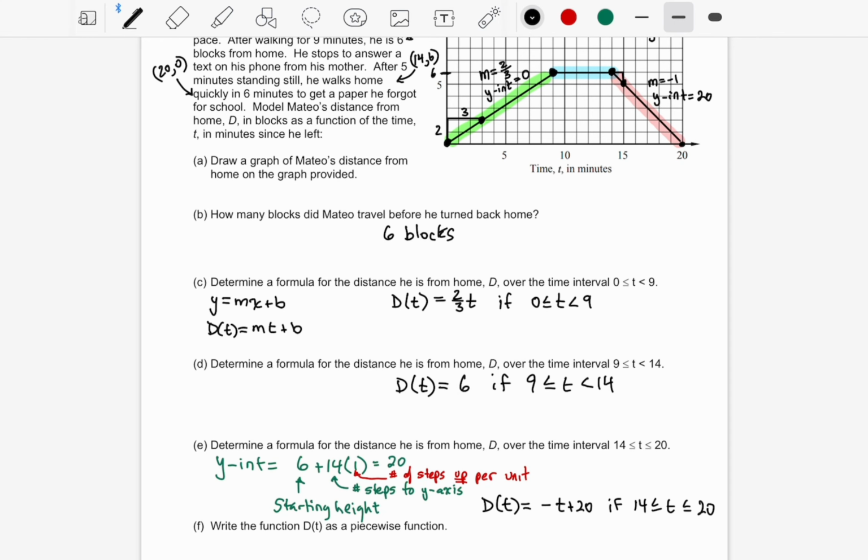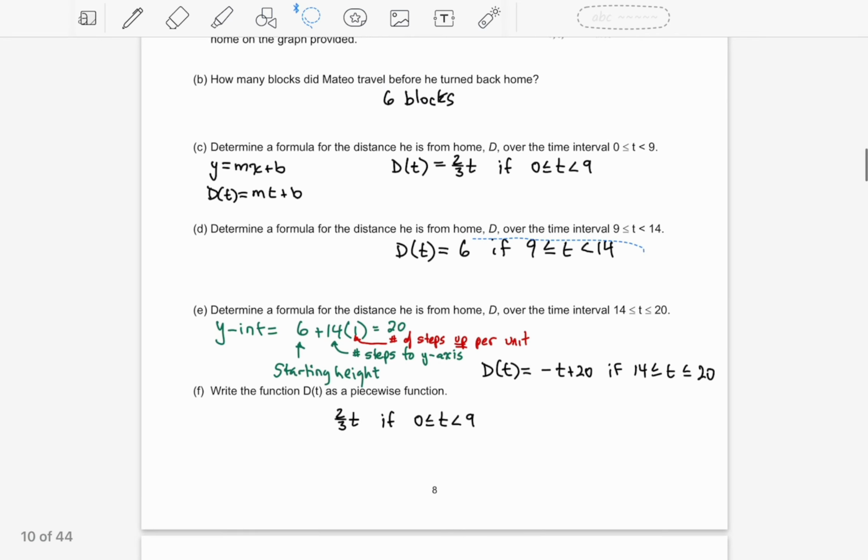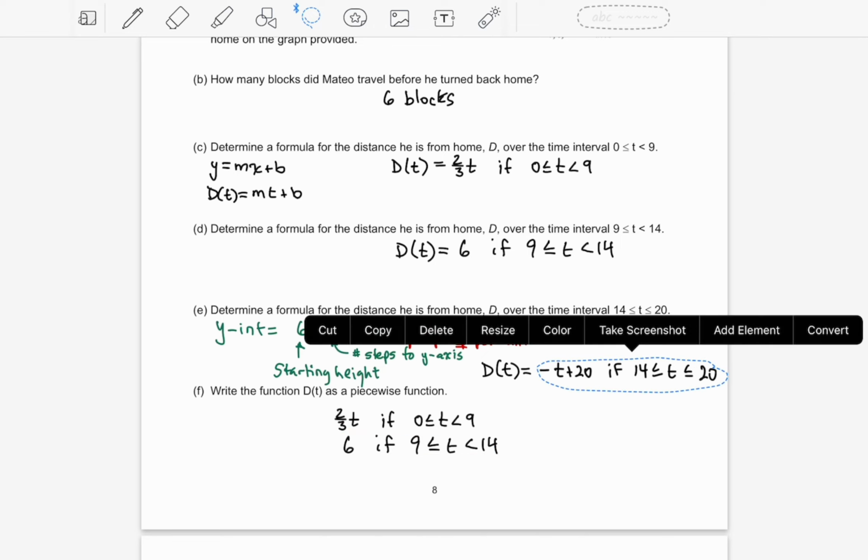All right, and then the last piece is just saying, well, what's the piecewise function, right? Well, we already did that work. Here's one piece. Here's another piece. And here's the last piece.